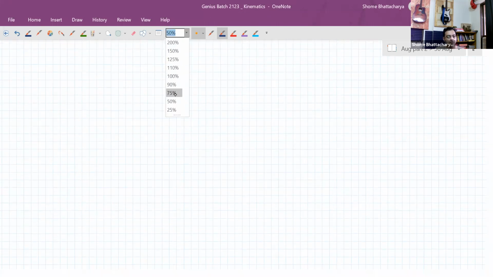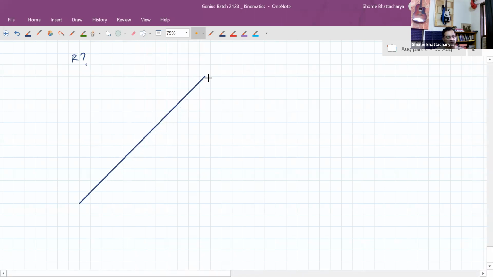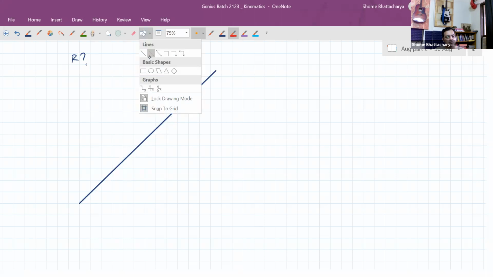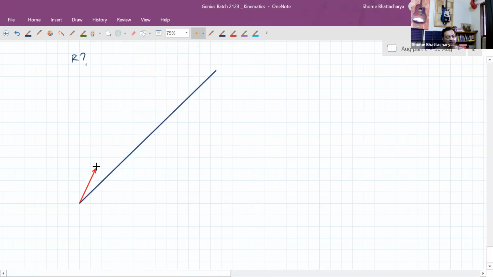Okay, so just quickly, if we just wanted to calculate the range, we can also go with the standard kind of method. This is your inclined plane. This is how we have projected the particle. This angle is 37.